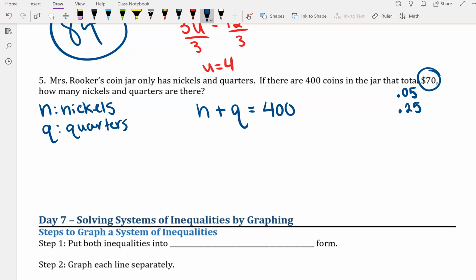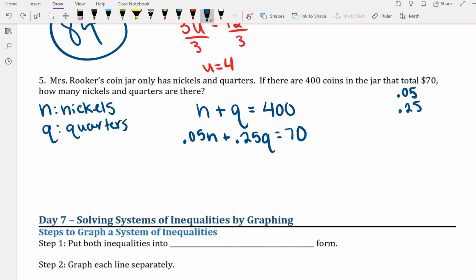So we need to write them as decimals: 0.05 per nickel plus 0.25 per quarter equals $70, or 70.00. We're not going to write the 0.00, but it's $70.